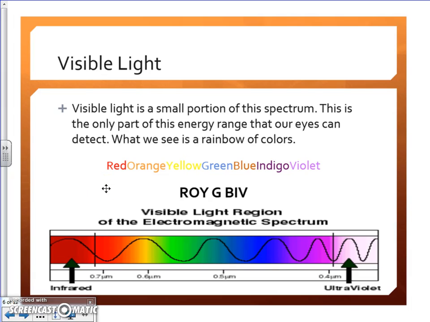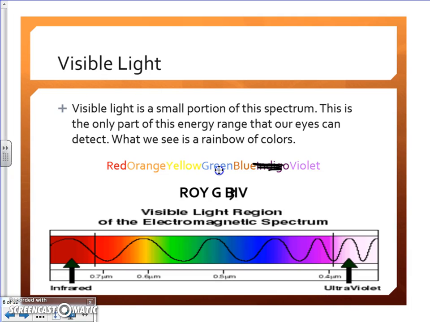Alright, visible light, only a very small portion right there in the middle. This is the only part our eyes can detect. And we see a rainbow of colors. This is an old slide. Now, scientists do not include indigo in the rainbow anymore.